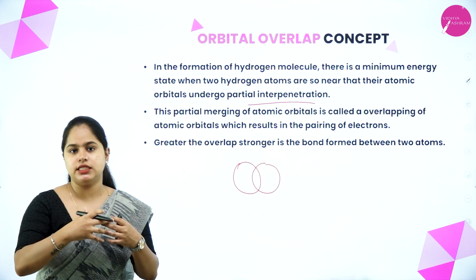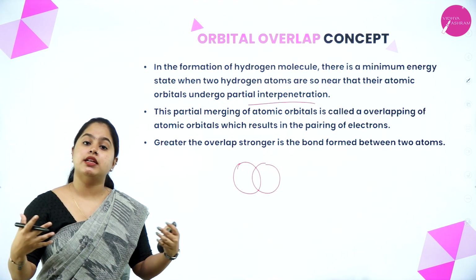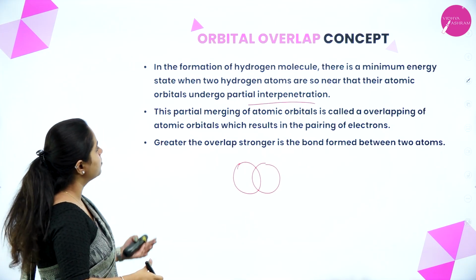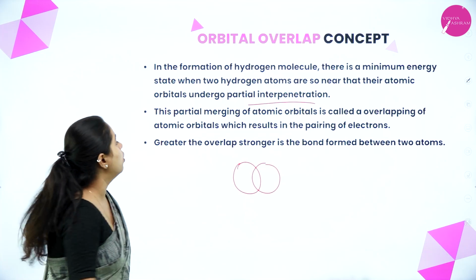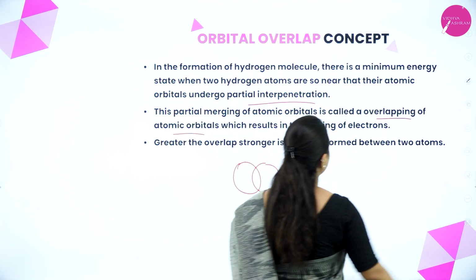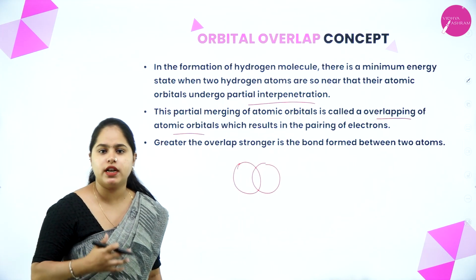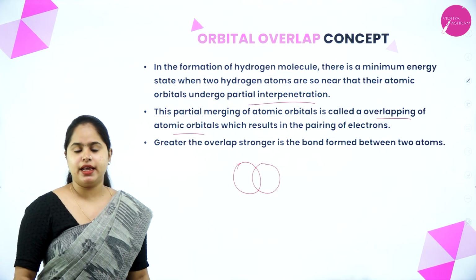That is, partial interpenetration will be happening. For that, we say that atomic orbitals are overlapping with each other, right? And this partial merging of atomic orbitals is called overlapping of atomic orbitals. So this partial interpenetration is called overlapping of atomic orbitals. Clear? Which results in the pairing of electrons.